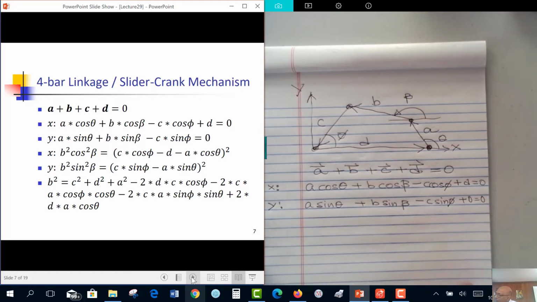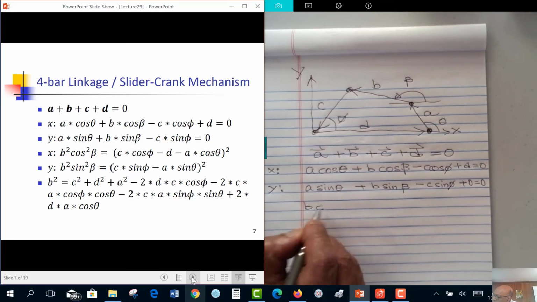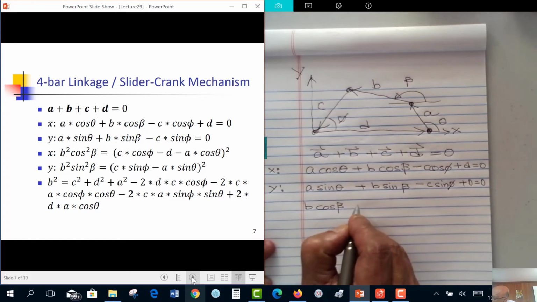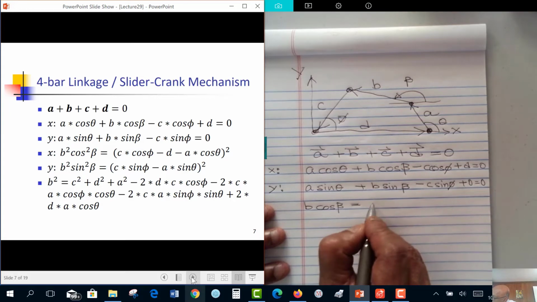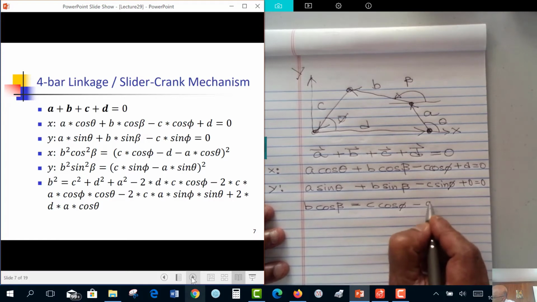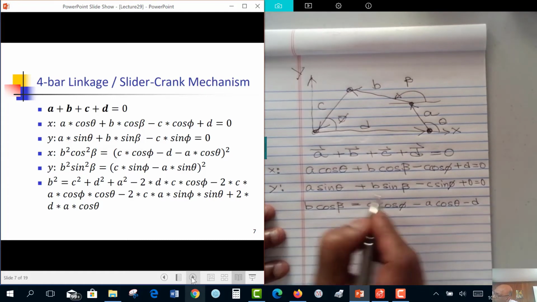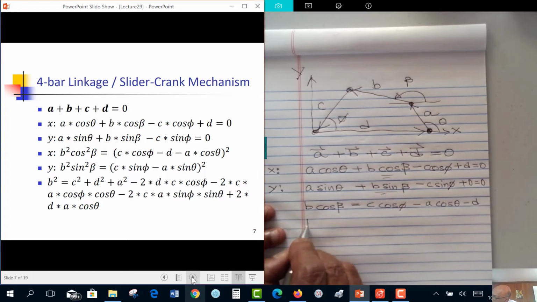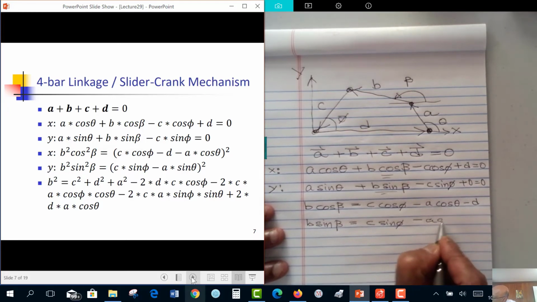Okay. So what we can do is take B cosine beta out of the first equation, and we will get C cosine phi minus A cosine theta minus D. From the second equation, we will get B sine beta, so we will get C sine phi minus A sine theta.